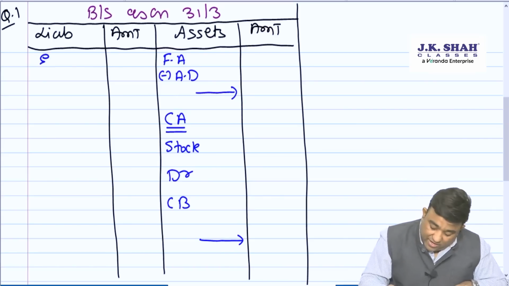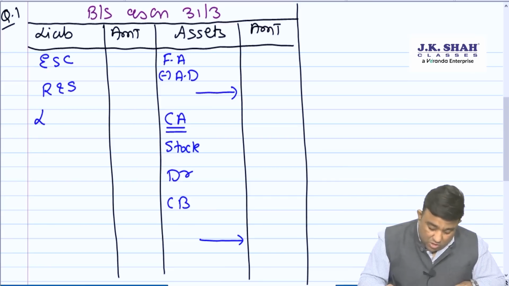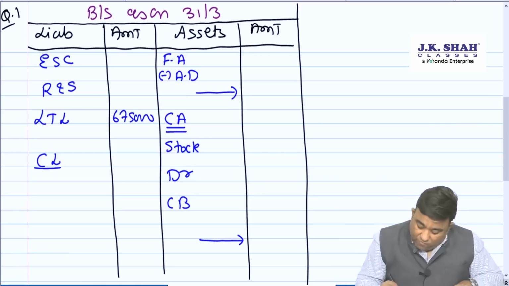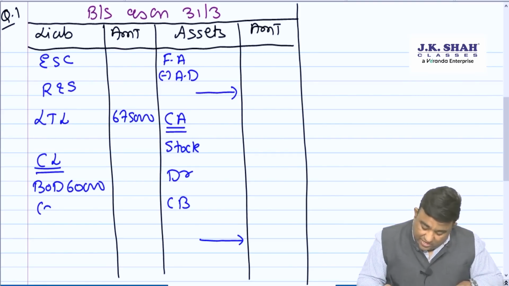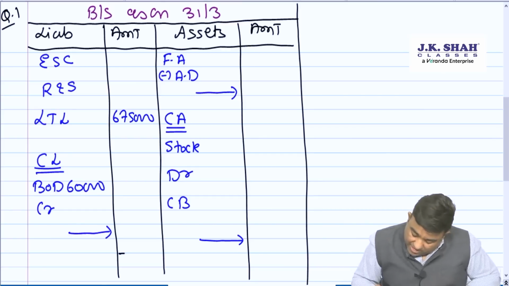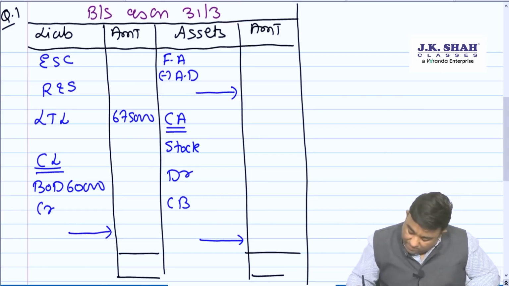On the liability side, it's equity capital, reserves and surplus. Long-term loans are given, that is 6,75,000. BOD and creditors are current liabilities. I follow the practice where we can write both of them in inner column. BOD is 60,000 and creditors is the missing figure. Balance, I would take in outer column and place a total on both sides.